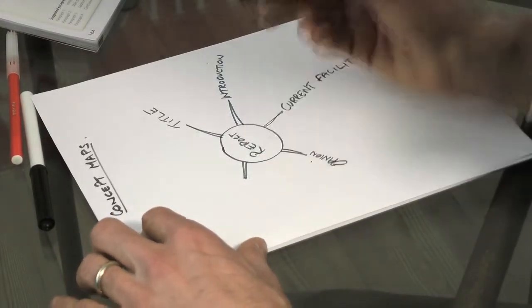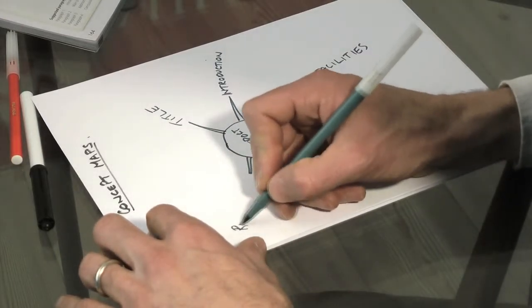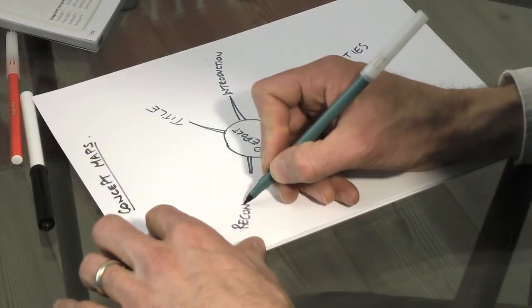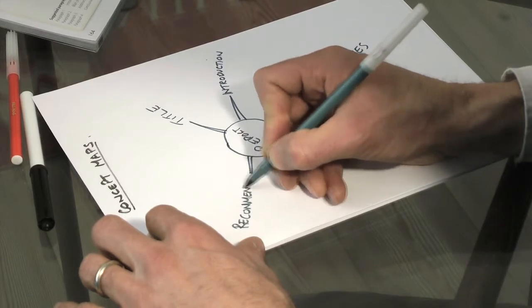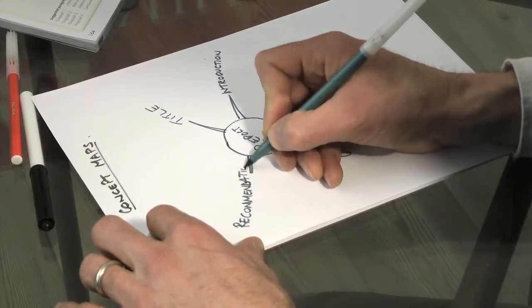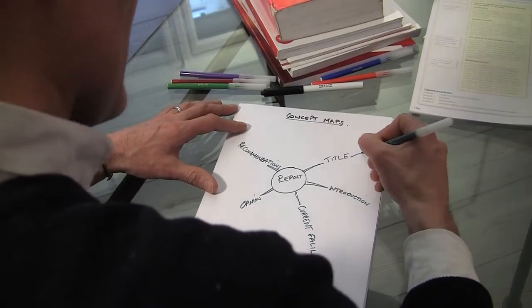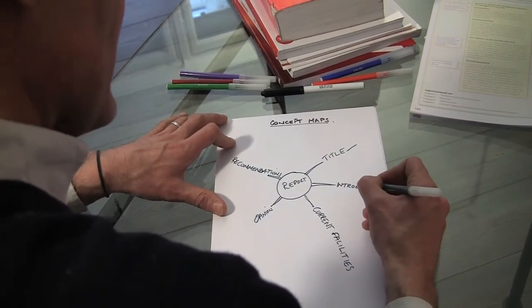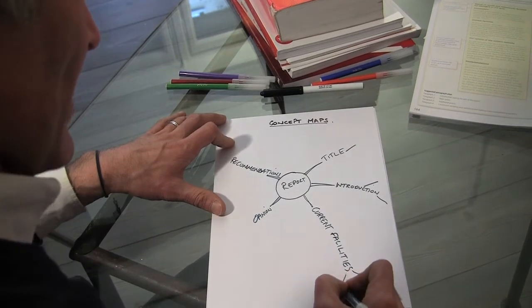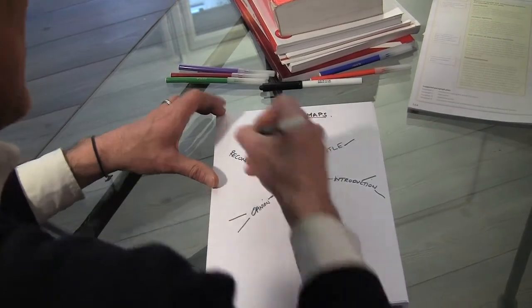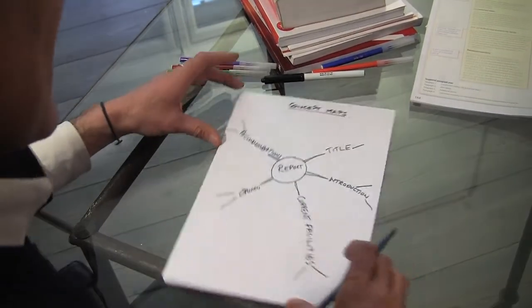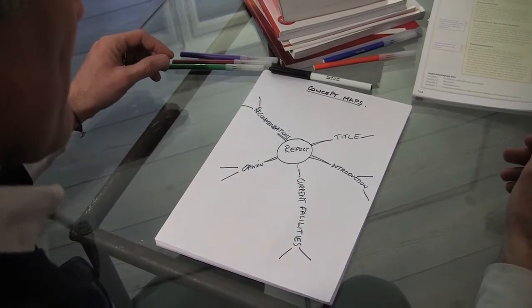And then finally, perhaps some recommendations. Okay, so as you can see, we already have a very clear outline for our report. What we can then do is develop each one if we need to add extra information. This gives us a very clear structure on which to work.